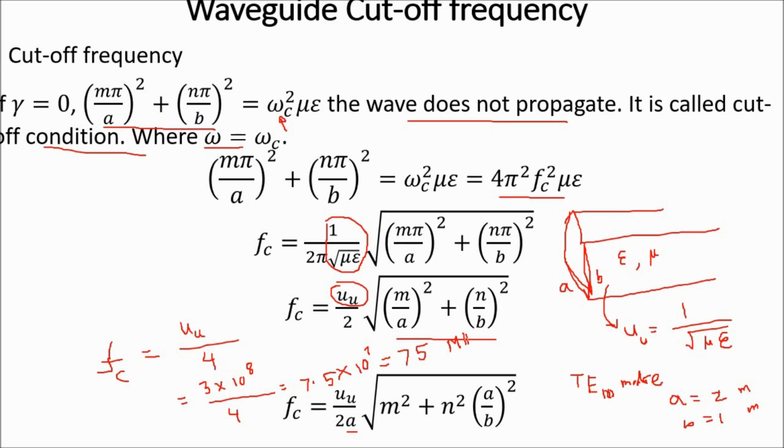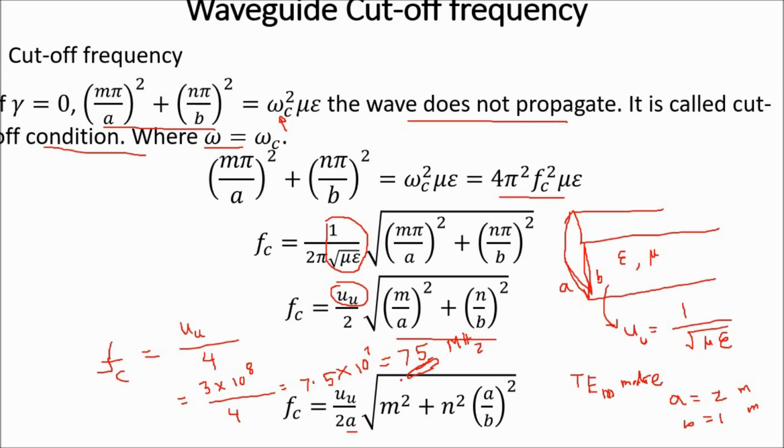So the cutoff frequency is 75 megahertz, meaning that if your operating frequency is less than 75 megahertz, that wave cannot be propagated through the waveguide. So your waveguide cannot carry or transmit signals of less than 75 megahertz.